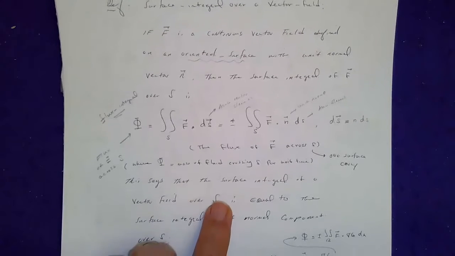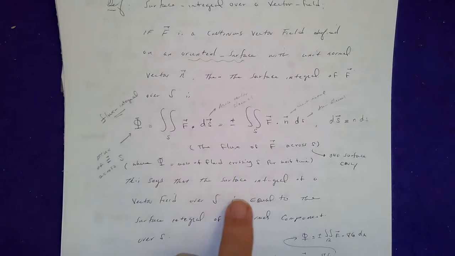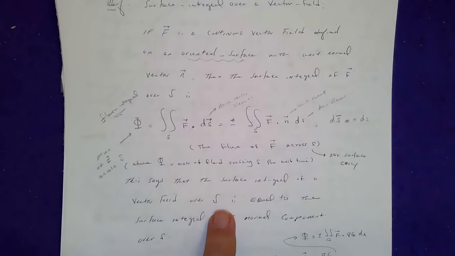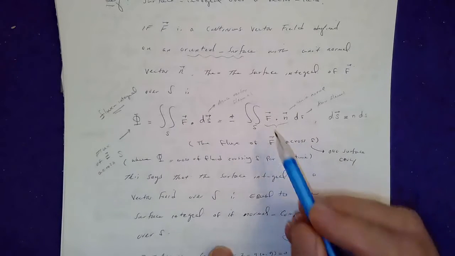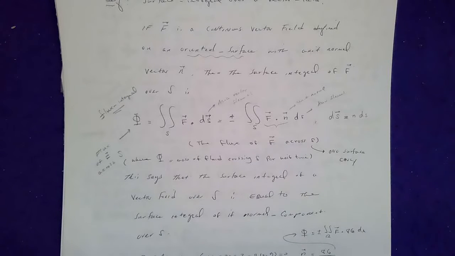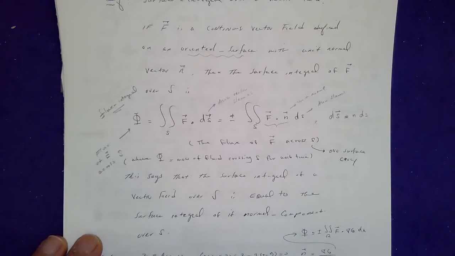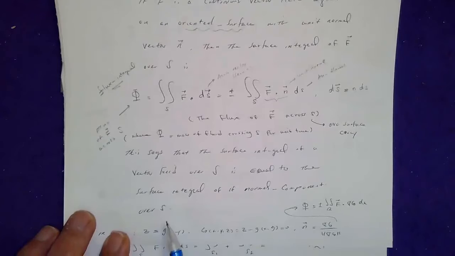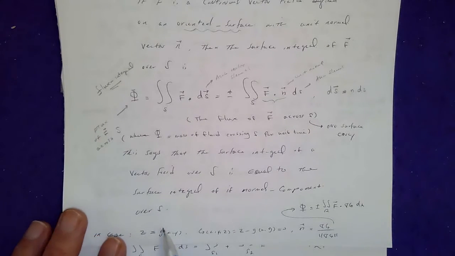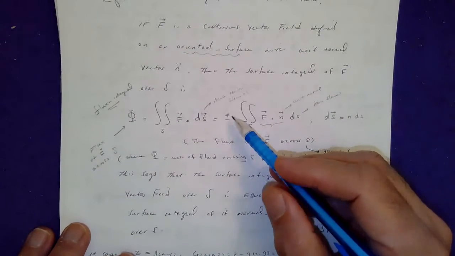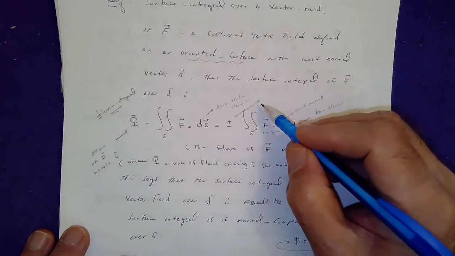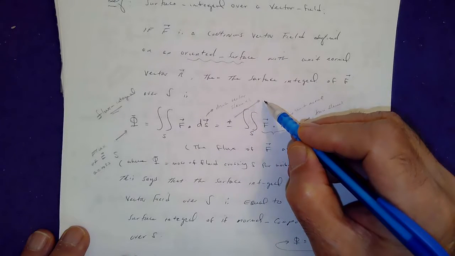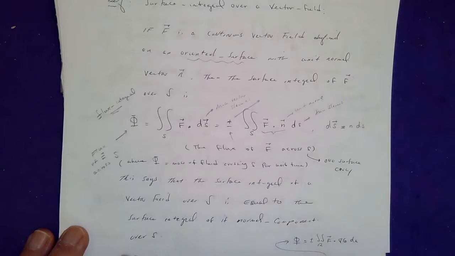What does this say? This formula says the surface integral of a vector field over S equals the surface integral of its normal component. So we have to find the normal component of the vector field and evaluate it over S, correct? Now, the plus and minus comes from the fact that it is positive if the orientation of the surface is positive, negative if the orientation is negative.